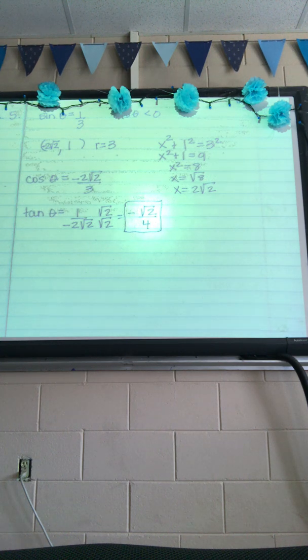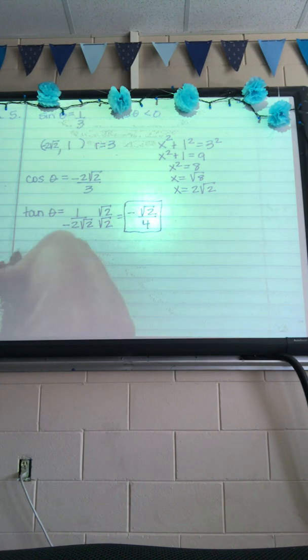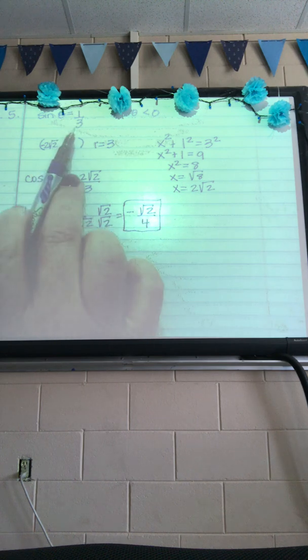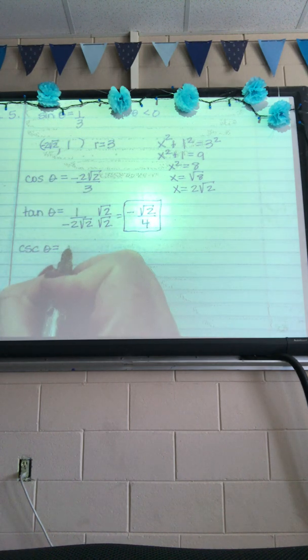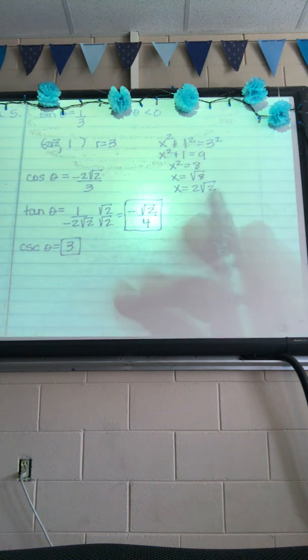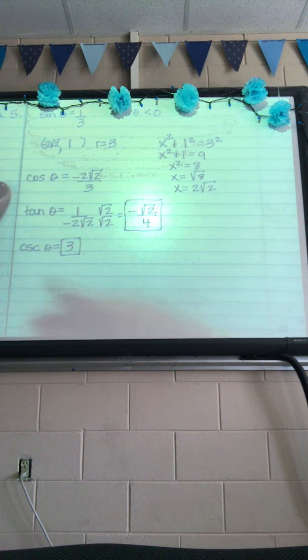So here's my tangent. You see how this is nothing new once I show you how to get it started? Once you find your radius and figure out your signs, it's not anything new. Cosecant is the reciprocal of sine, so that's going to be 3 over 1, which is 3. The reciprocal of the cosine is secant.